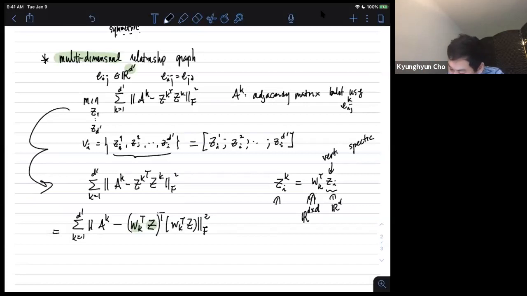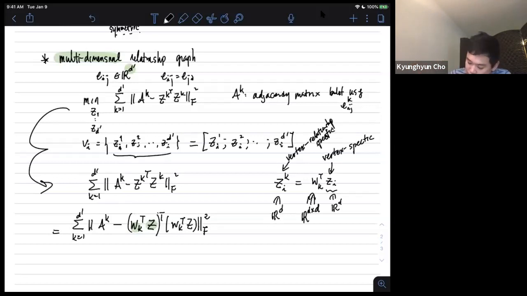So this is vertex specific. We have a vertex specific vector Z_i, and then that Z_i is transformed into a vertex and relationship specific vector Z_ik using the W_k matrix that is d by d.